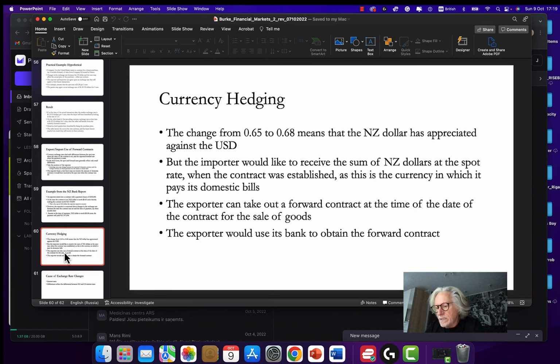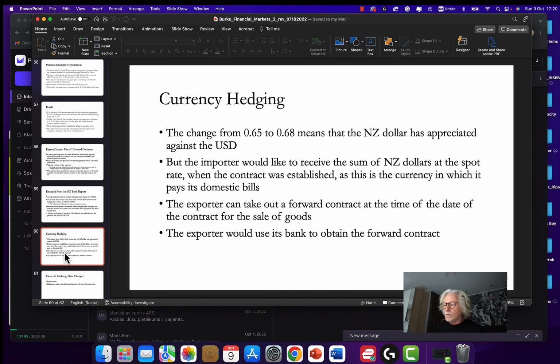The New Zealand exporter can enter into a currency forward contract in order to hedge the risk. And what do I mean by that?